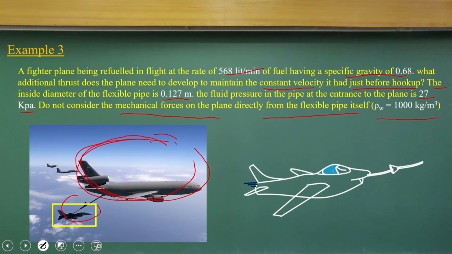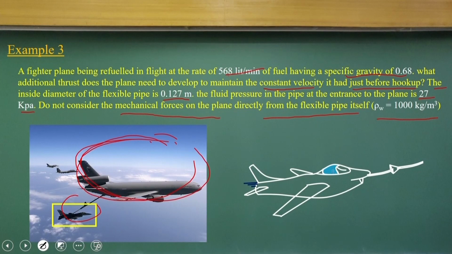So, under these conditions, what additional thrust does the plane need to develop to maintain constant velocity between these two? They should move with the same velocity so that the refueling can be done. That is the problem. Now we try to locate the additional thrust necessary.